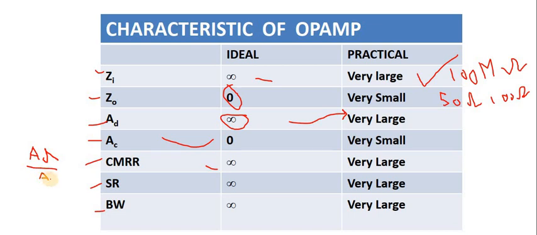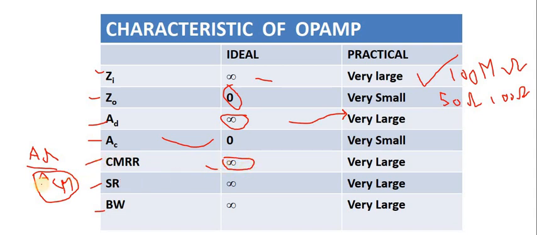AD is the differential gain, as large as possible, and ACM is the common mode gain. So if your common mode gain is very low or zero, your CMRR will be infinity or very large.